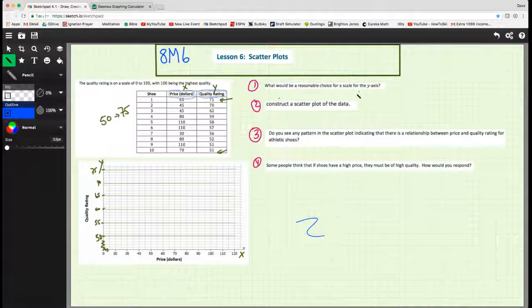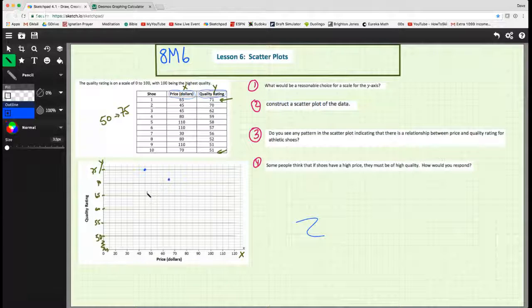Okay, good. So is there a relationship between price and the quality of shoes? I'm trying to find out if I spend more money, am I going to get a higher quality shoe? And I don't know the answer. So let's see. The price, 65, gives me a 71. 45 gives me a 70.